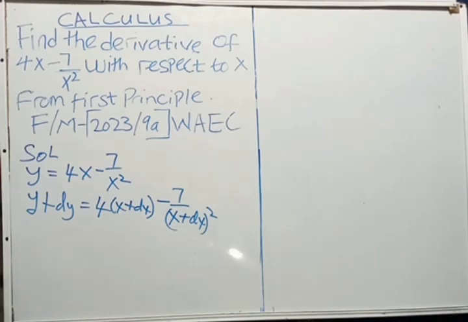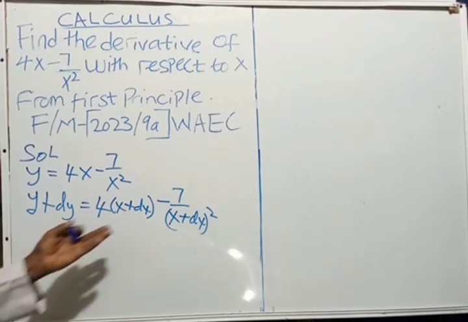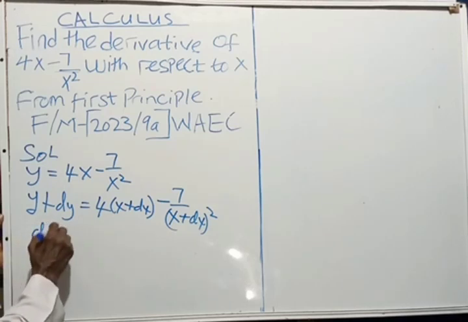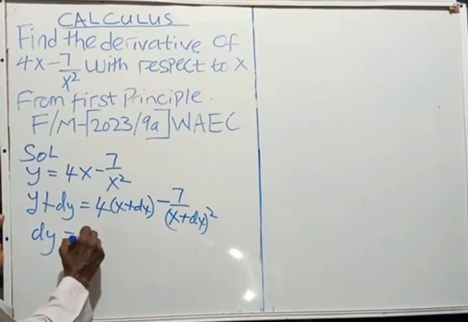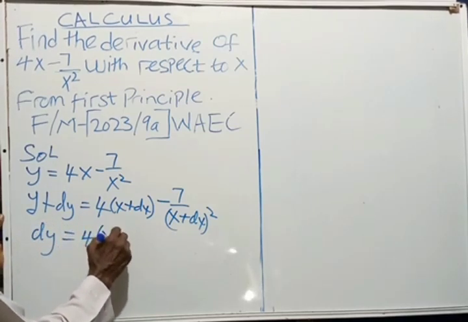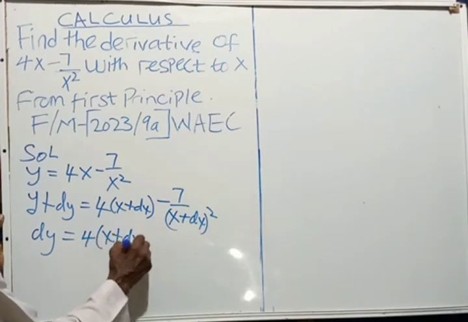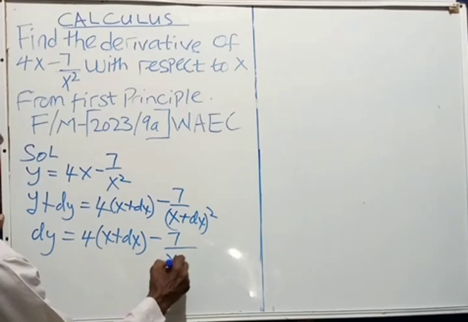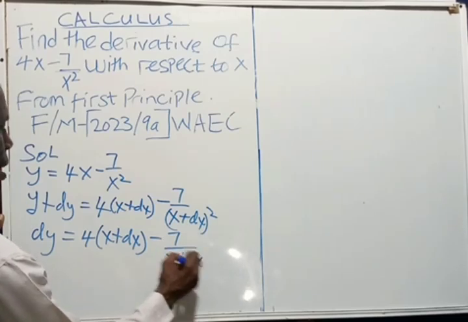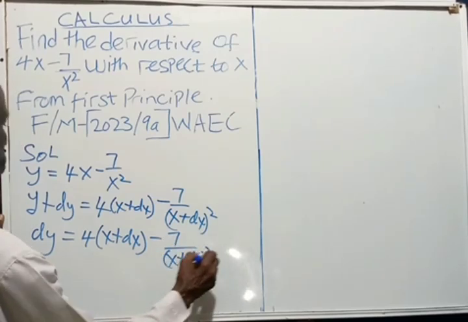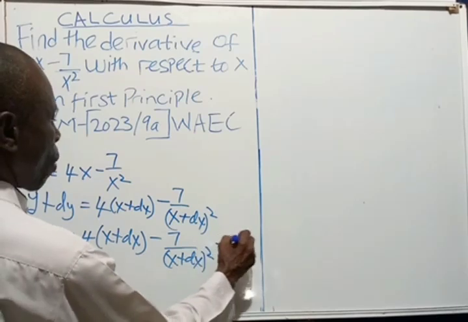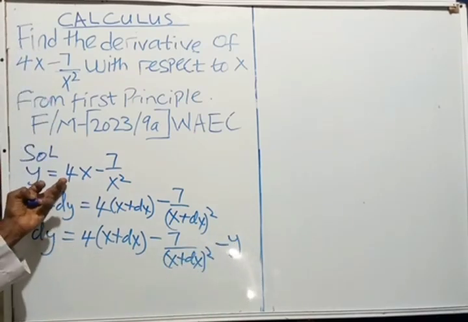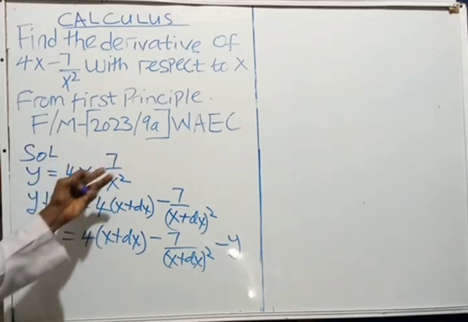Now, the next thing I'm going to do is solve for dy. So I have dy equals 4 into x plus dx minus 7 over x plus dx raised to power 2, minus y. And now what's my y? Y is 4x minus 7 over x squared.